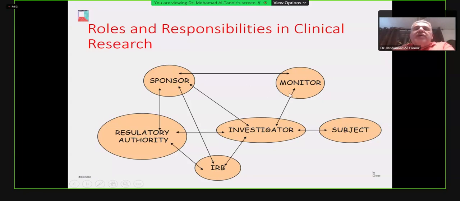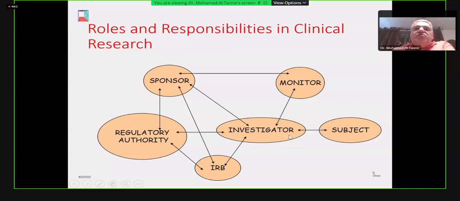I believe you might have heard about something called a CRO, Clinical Research Organization. These are companies contracted by the sponsor to conduct monitoring on sponsored clinical research. Their main role is to make sure that all the data are reliable, and they verify the data against the data sources like medical files and so on.